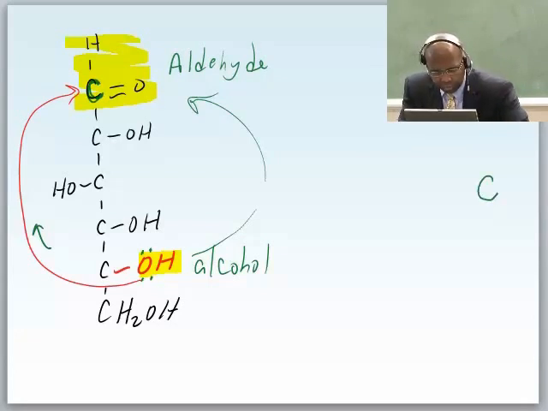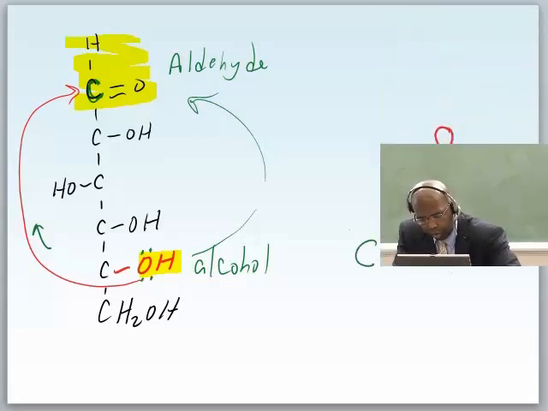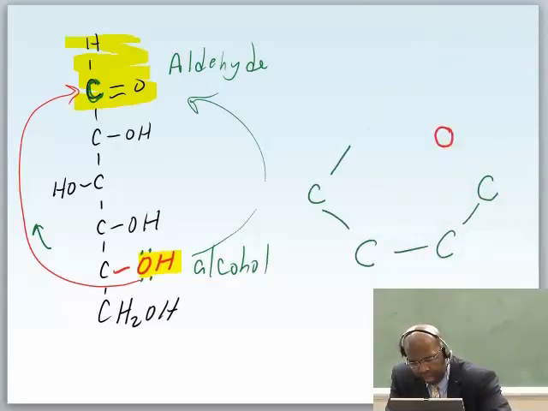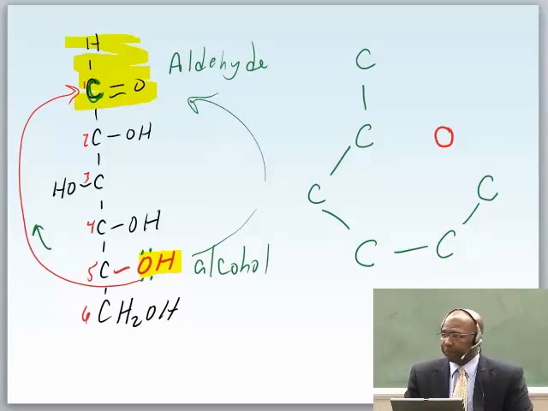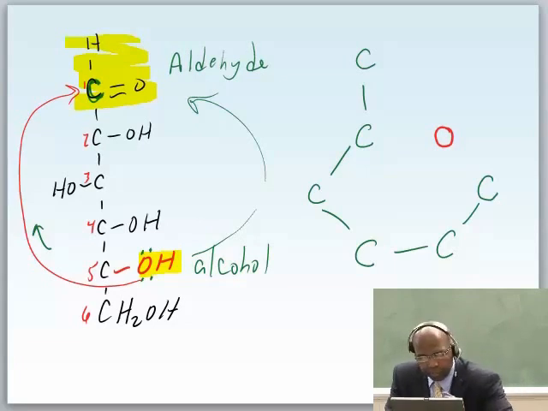And this red oxygen, I'm going to put the red oxygen right here. So now I'm going to just attach everything else. So that's carbon 1, carbon 2, carbon 3, carbon 4, carbon 5, and carbon 6. So if I numbered these over here, 1, 2, 3, 4, 5, 6. Okay, now I can connect everything here.